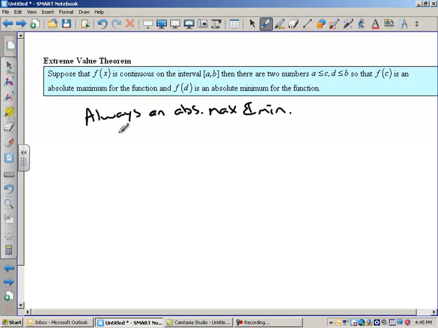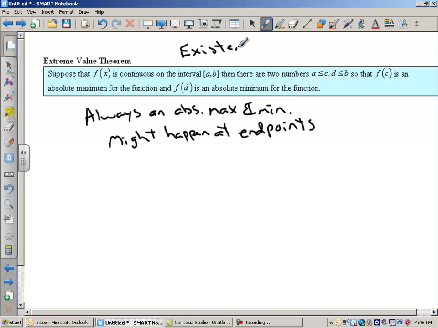They might happen at endpoints, but they could also happen in between, and that's where we're going to have to use calculus to figure this out. This is called an existence theorem. So this is just saying if a function is continuous on a closed interval, will it have a maximum? Well, yes, it will, because of the EVT. Will it have an absolute minimum? Yes, it will, because of the EVT.